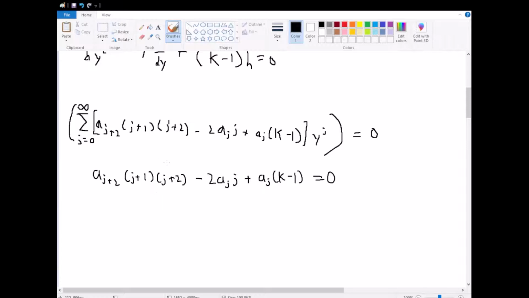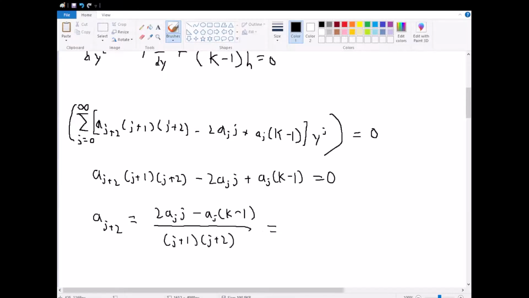So if we assume that this is the right condition, then hopefully you see that we can define a recursive relation here, because we have subsequent indexes defined in terms of prior indexes. So what we can do is isolate a_{j+2} on one side and move everything else to the other side. So what we get is a_{j+2} is equal to (2a_j j minus a_j k minus 1), and then all this is divided by (j+1)(j+2).